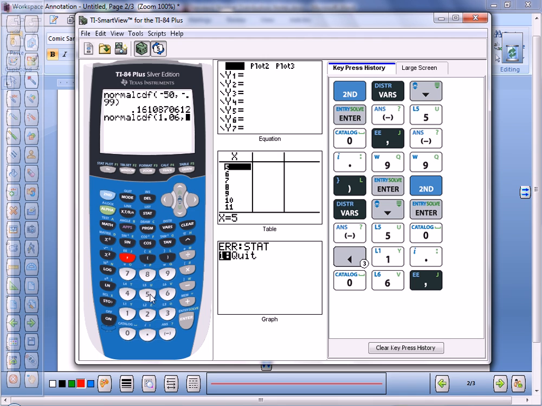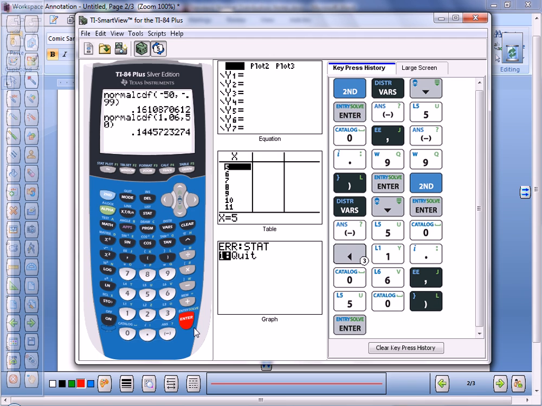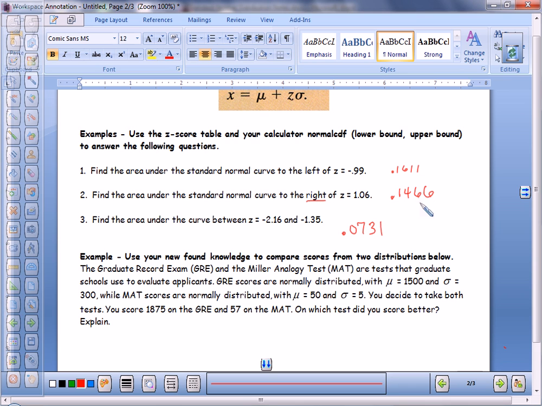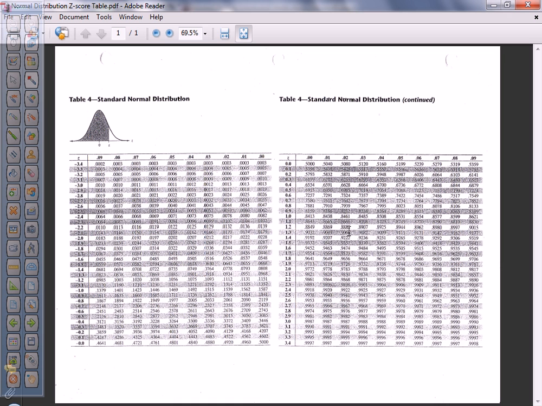We got 0.1446, excuse me, we got 0.1446. Let's see what we got here. Ooh, did I read the chart right on that one? Let's go back and take a look at that chart at positive 1.06. I did not.